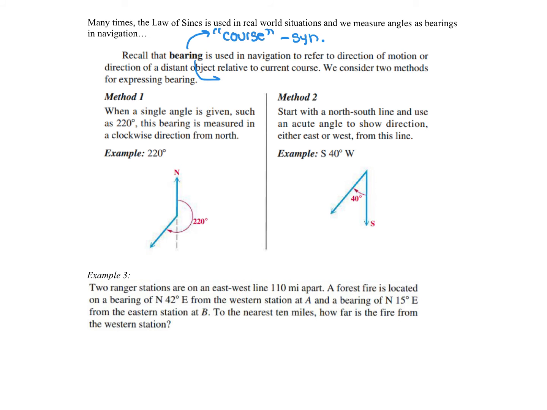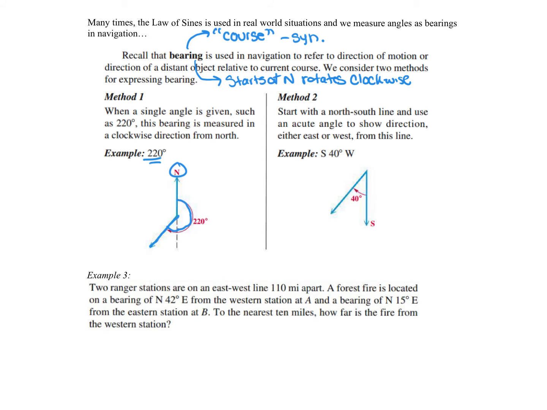And a bearing, in general, starts at north and rotates clockwise. So this one, for example, started at north and went 220 degrees. So one quadrant is 90, 2 quadrants is 180. I still have to go a little bit more, in fact, 40 more, ending right there.